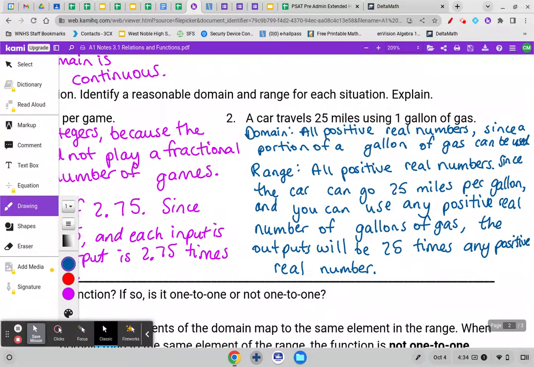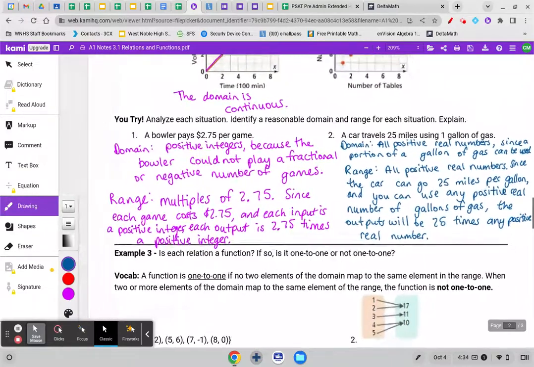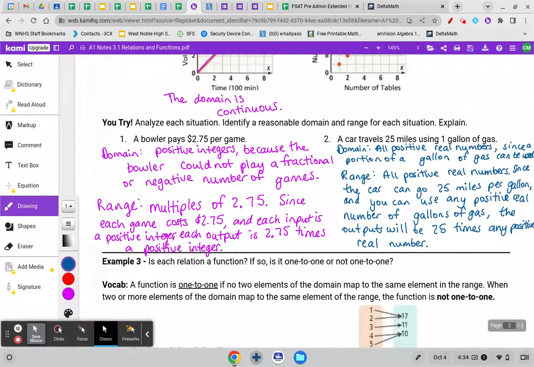Okay, so that's more analyzing our domains and our ranges. Most of the time we'll actually just look at graphs and see what our domains and our ranges are based on the x values and the y values, but we haven't gotten to that yet. So example 3, is each relation a function? If so, is it one-to-one or not one-to-one?